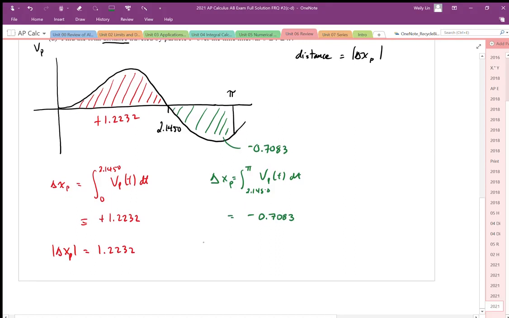But we want to find the distance traveled, so we take the negative out of that and we end up with that.